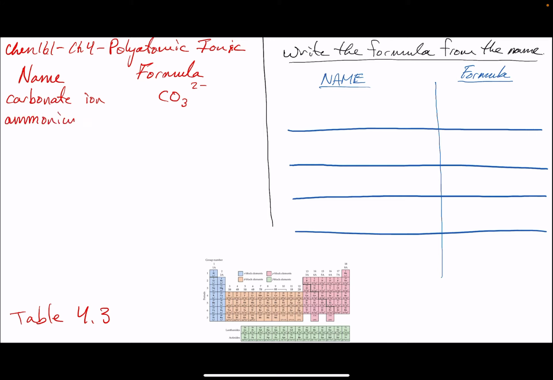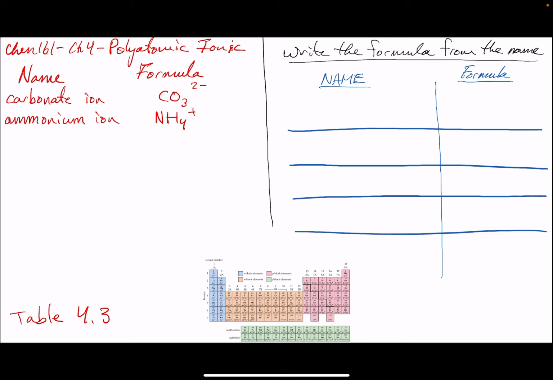That's the carbonate ion. The next one is ammonium ion. The ammonium ion is NH4+. So again, there are 4 hydrogens bonded to nitrogen. That whole species is connected as one, and the whole thing has an overall +1 charge. This is a cation.